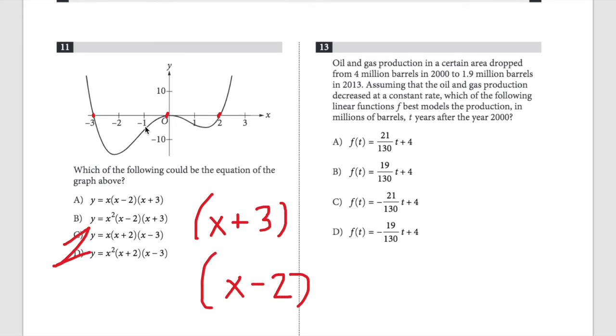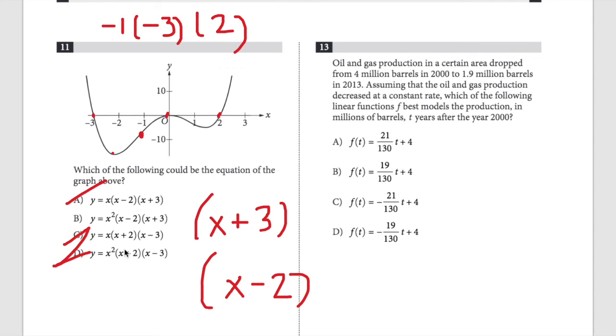I'm going to look here, and I can see that if I look really closely, at -1, if I plug it in, it has to be approximately close to -10. So what I'm going to do is plug in -1 and see what I get. If I plug in -1 right here, I'm going to get -1 times -3 times -1 plus 3, which is 2. And now my answer is not going to be negative for sure, so A cancels out.